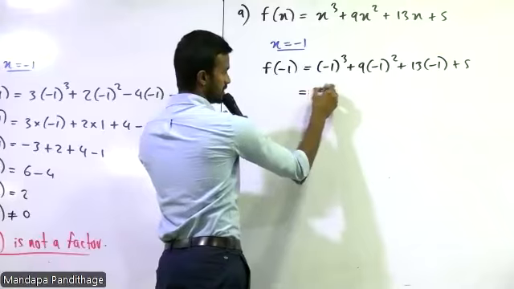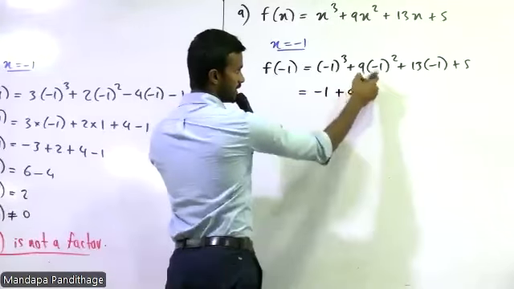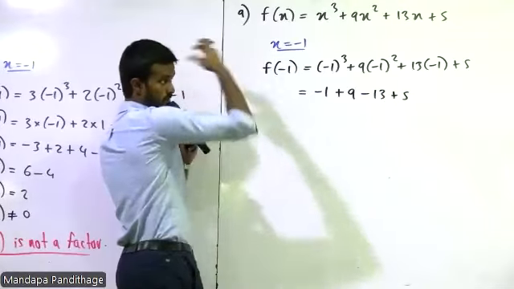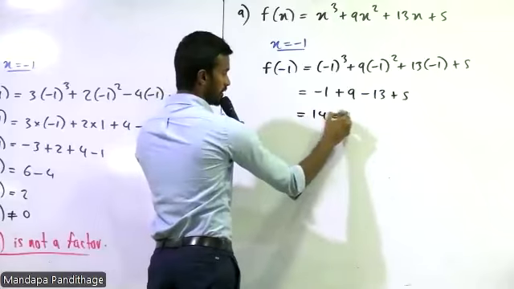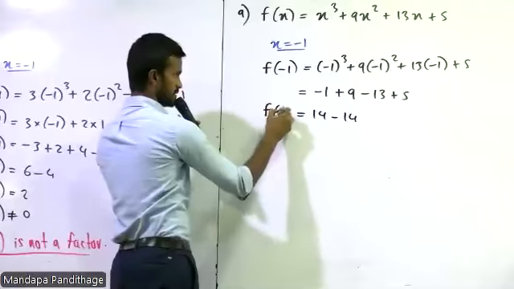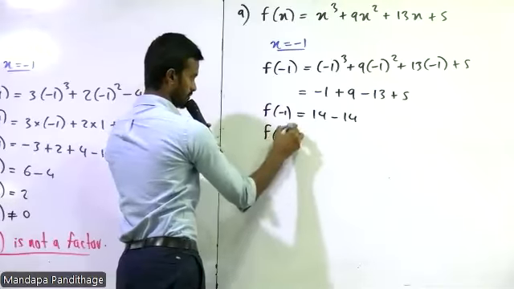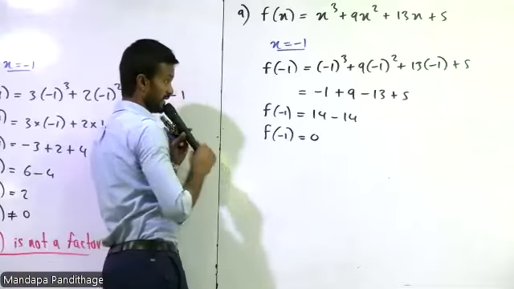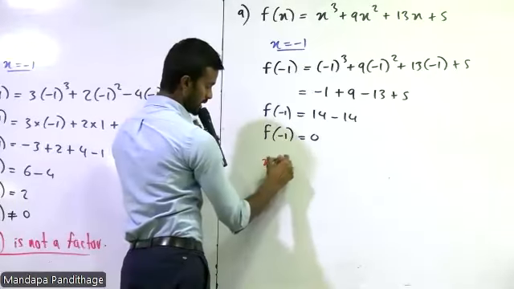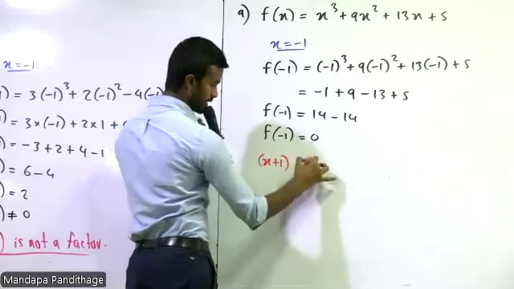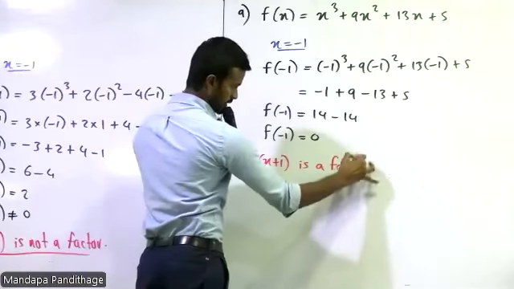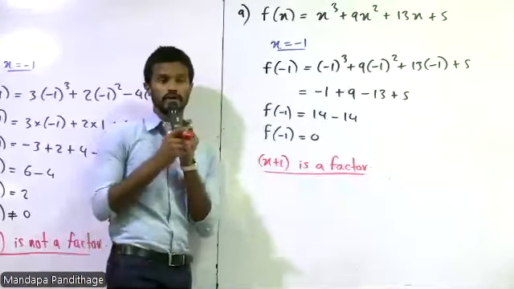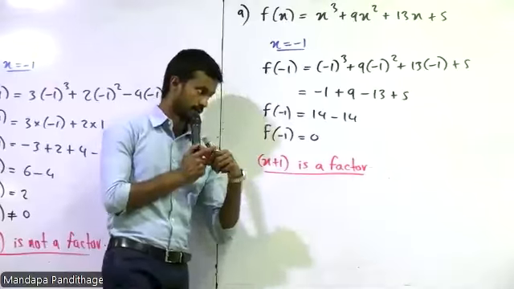Minus 1 cubed is minus 1, plus 9, minus 13, plus 5. So it's 14 minus 14, which means f(minus 1) is equal to 0. Then you can write that since f(minus 1) is equal to 0, x plus 1 is a factor.